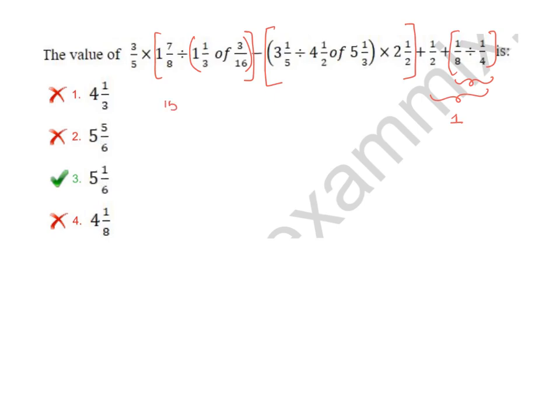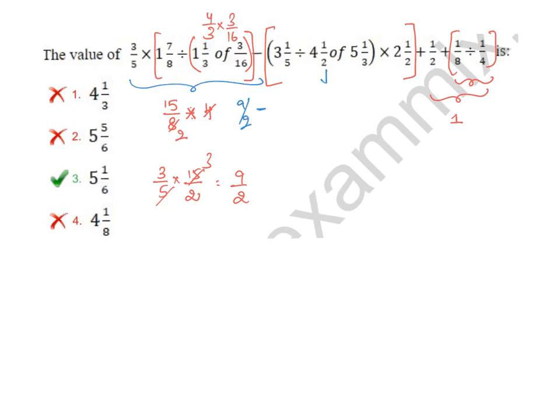This is 15 by 8 divided by 4 by 3 into 3 by 16, that is 1 by 4. So divided becomes into 4. Therefore it becomes 15 by 2. So 3 by 5 into 15 by 2 becomes 9 by 2.